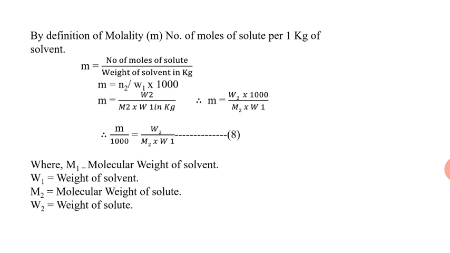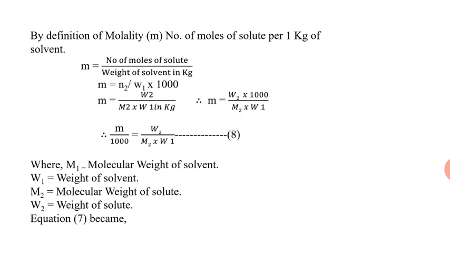So students, please note, always use 1 for a solvent and 2 for a solute. That's why in this derivation we have used M1 for the molecular weight of solvent and W1 for the weight of solvent. For solvent we always use 1, for solute we use 2.